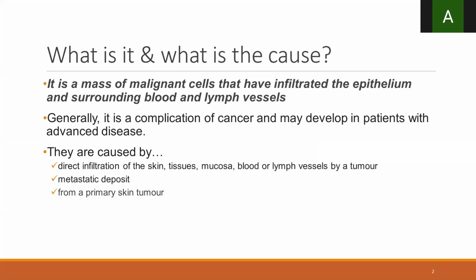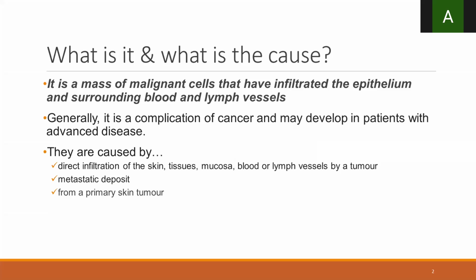So the cancer may be in the skin itself, or the cells might have migrated from elsewhere. This is generally a complication of cancer, and it develops in patients with advanced disease.